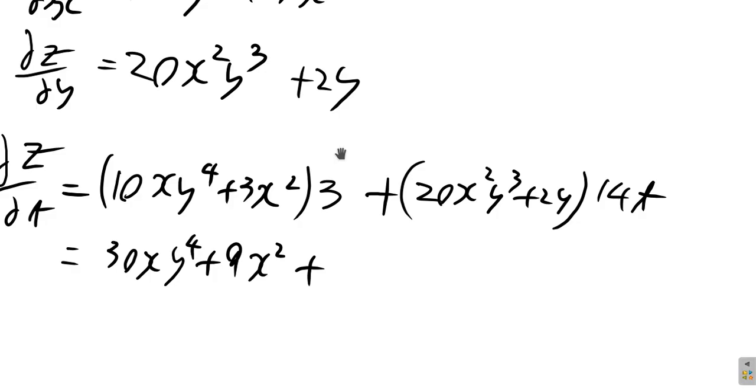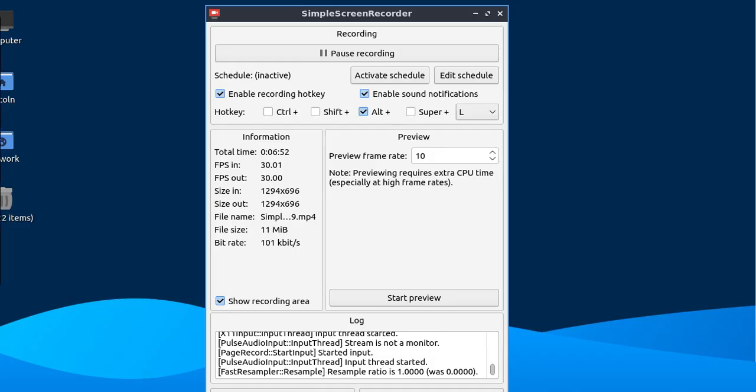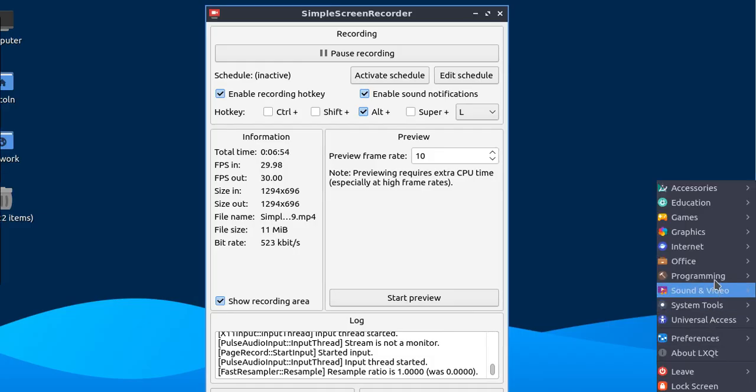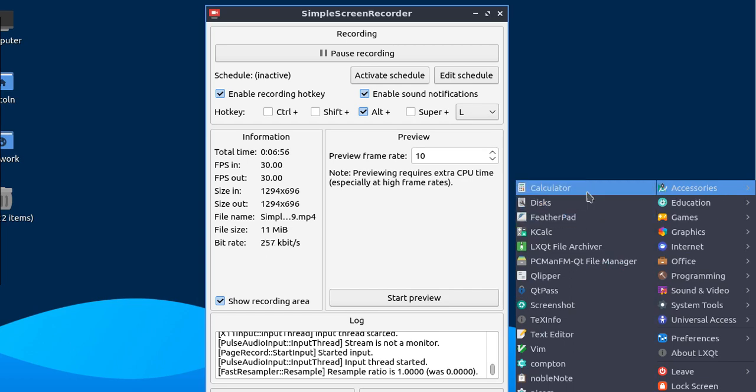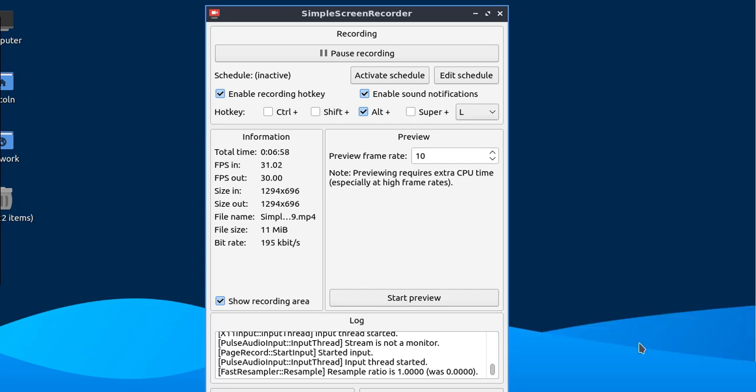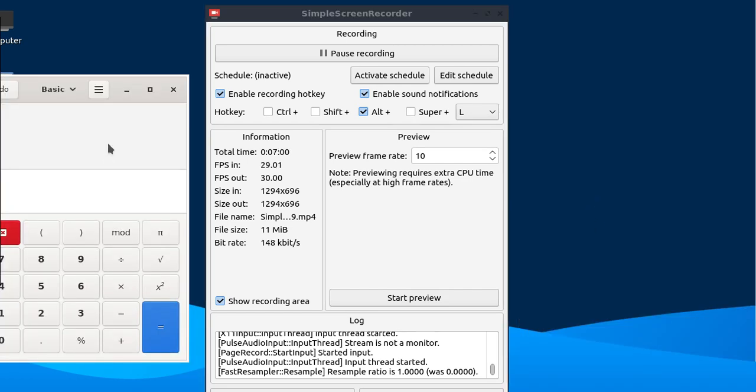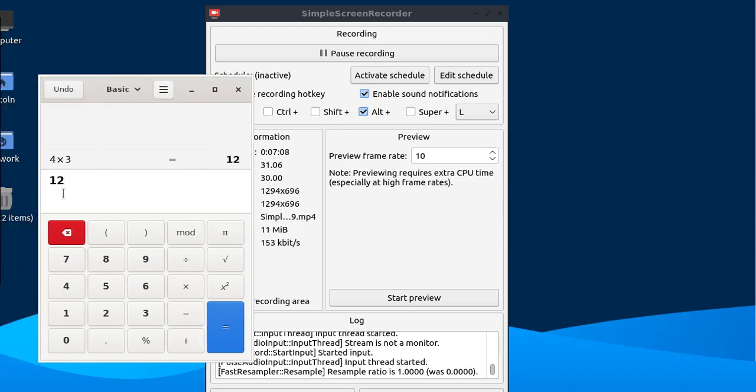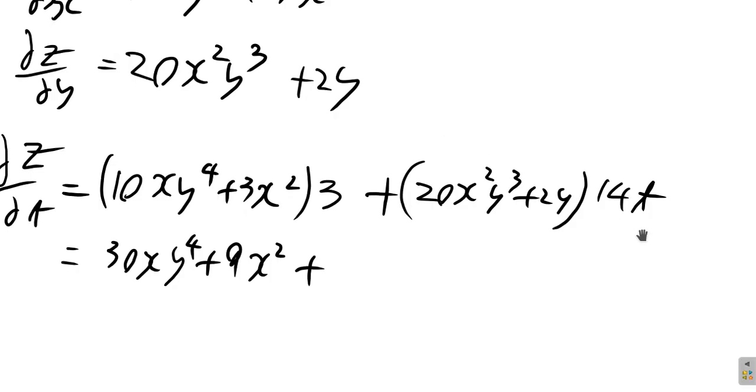I found it, but I also have an online calculator which I could use. So 14 times 3, that's negative 42.